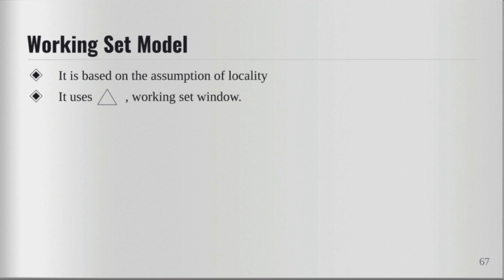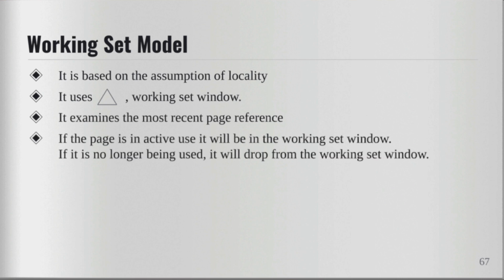Okay, so it'll be clear to you once I give you an example. Let's continue further. It also examines the most recent page references. And if a page is in active use, it will be in the working set window. And if it is no longer being used, it will drop from the working set window.